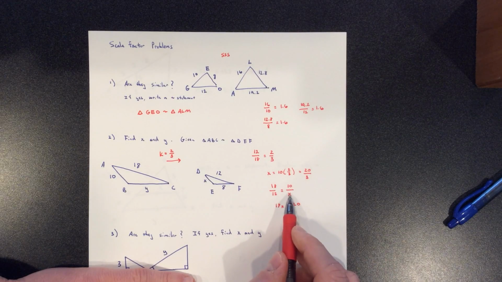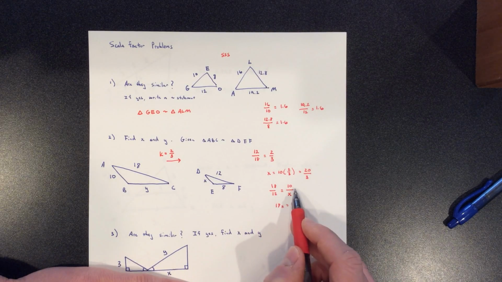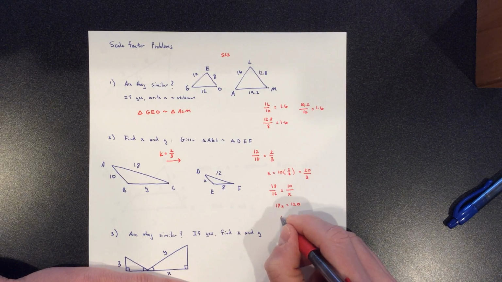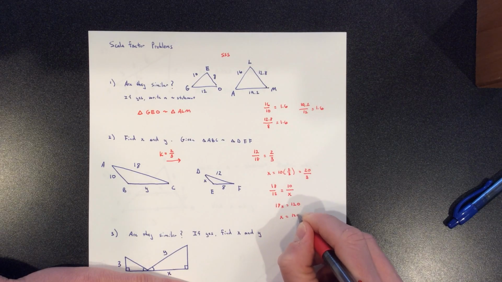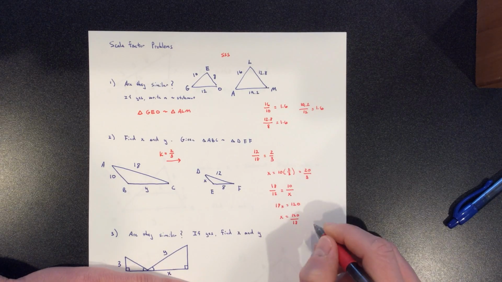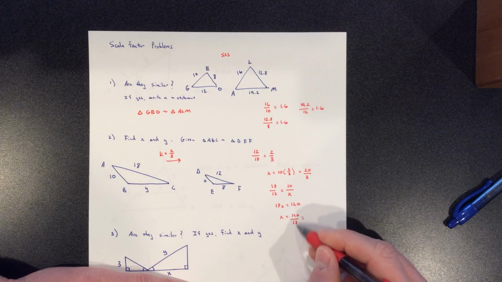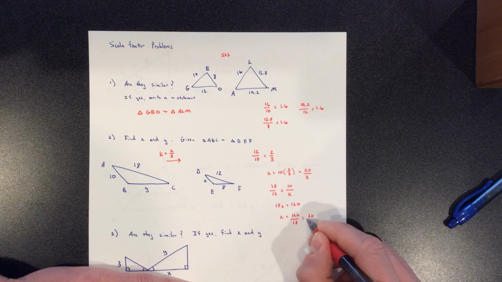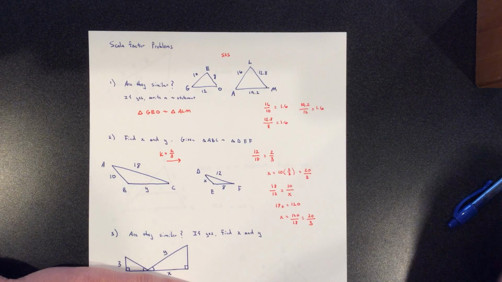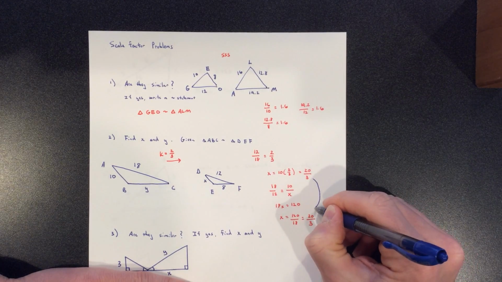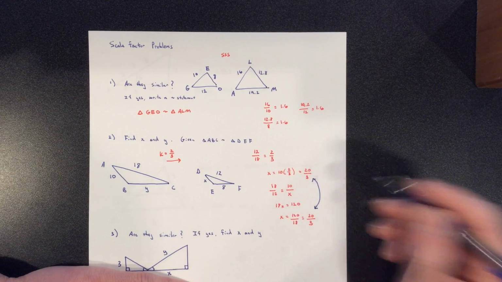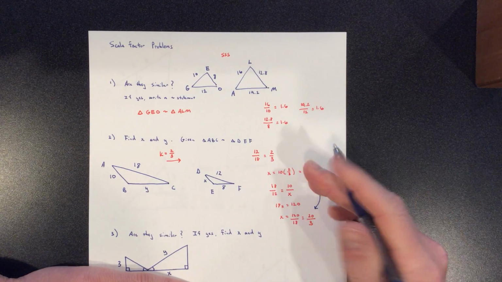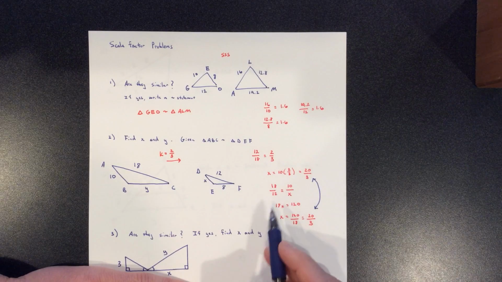The X goes from division to multiplication and the 12 from division to multiplication, and then we would divide by 18 and get X. Then we'd realize that both of these have a factor of 6. 120 divided by 6 is 20. 18 divided by 6 is 3. And of course, regardless of which way we do it, we get the same value. So we know X, meaning this side length, is 20/3.